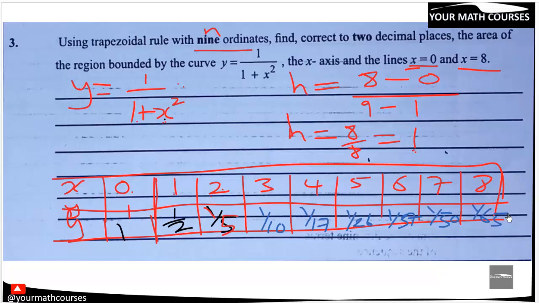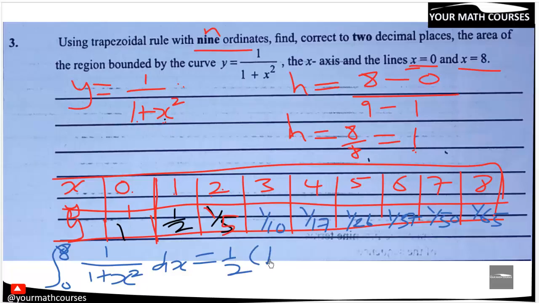So recall that with the trapezoidal rule, the area under this curve 1 over 1 plus x squared dx is given by 1 over 2 times h times y naught plus the last y value, y sub n, plus 2 times all the remaining y values.